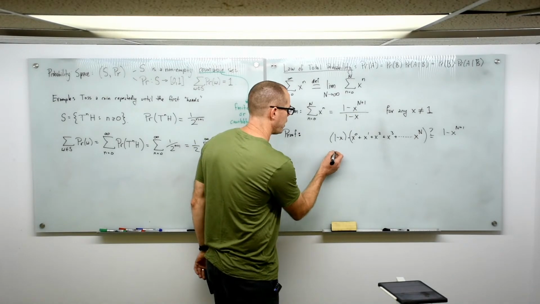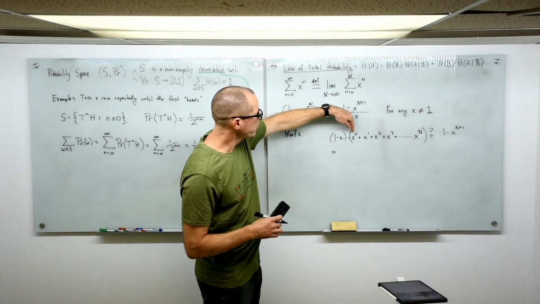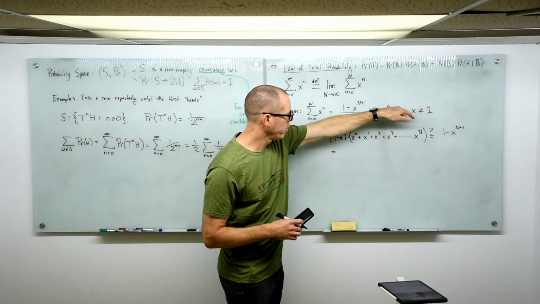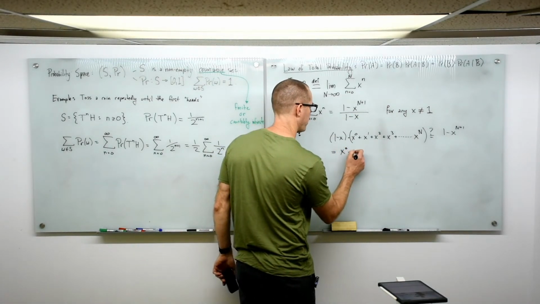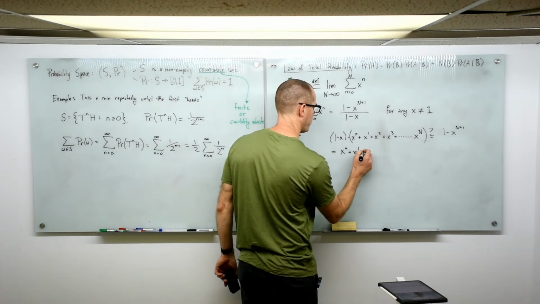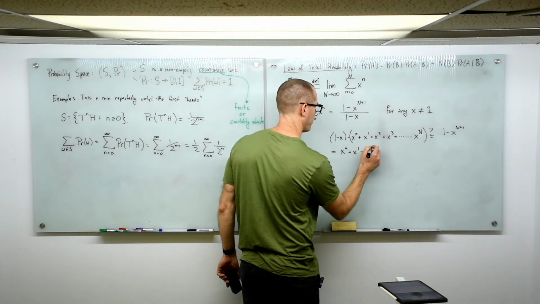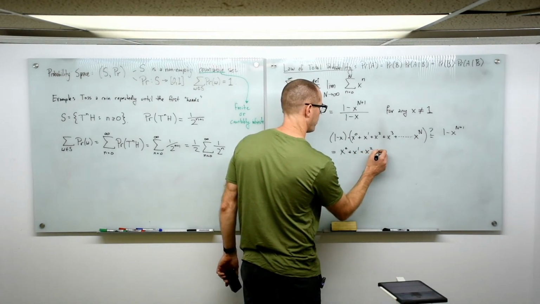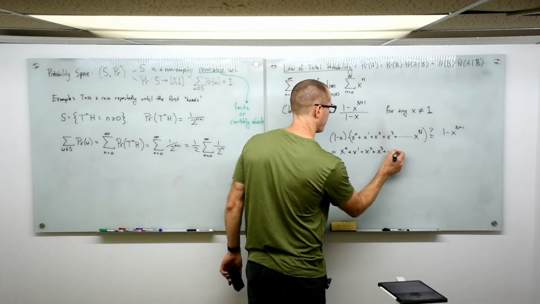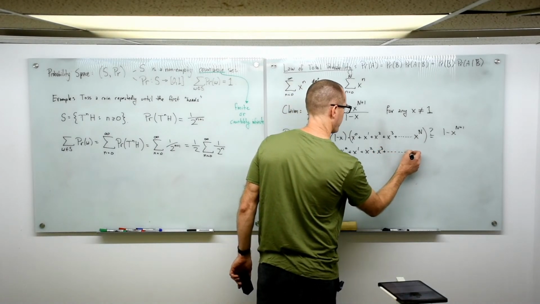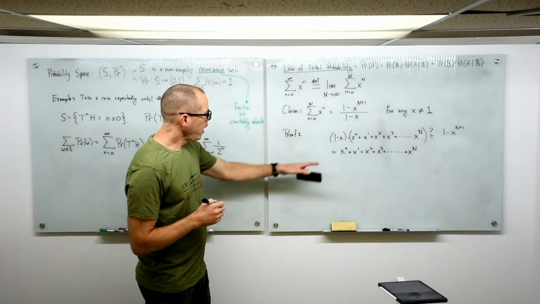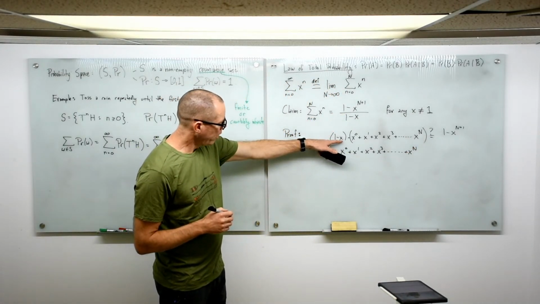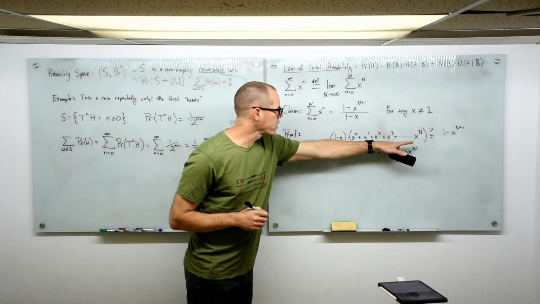And actually now it's easy because I can do this multiplication. First I have to take each term here and multiply it by 1. So when I multiply by 1, I just get the same thing. And now I have to take each term and multiply it by minus x.